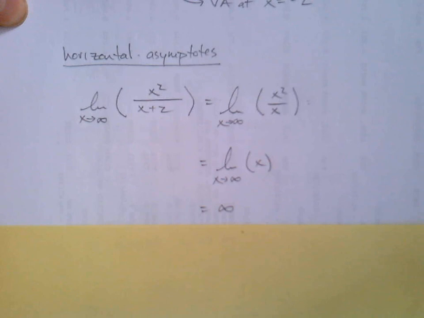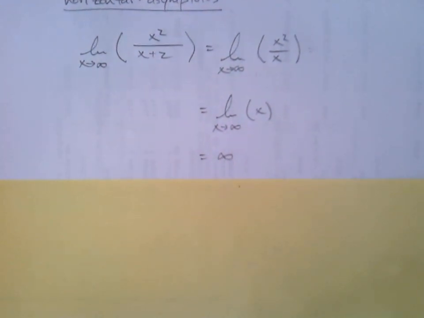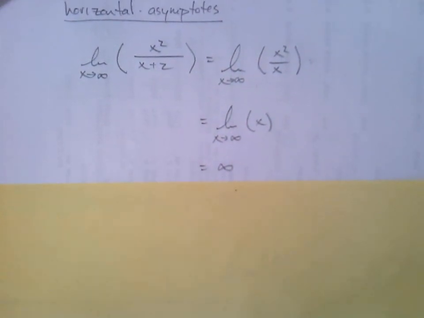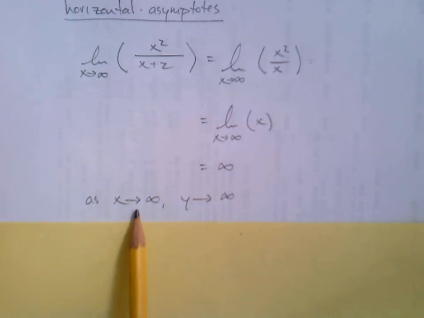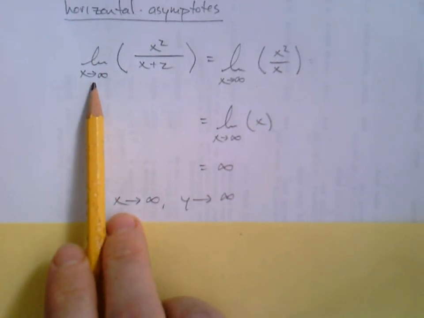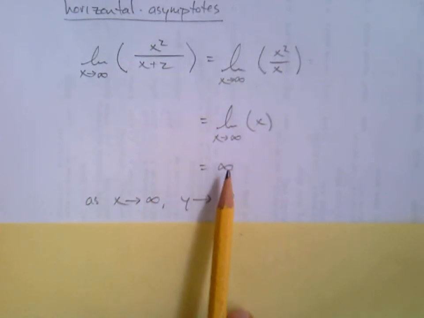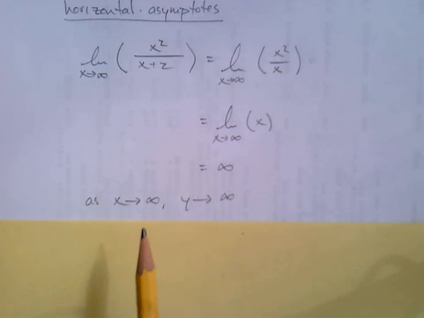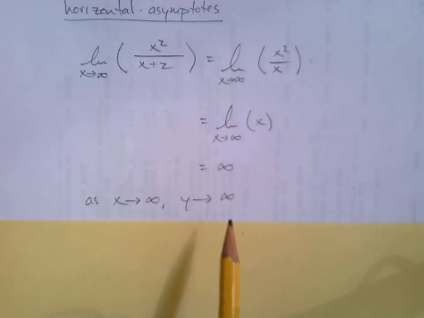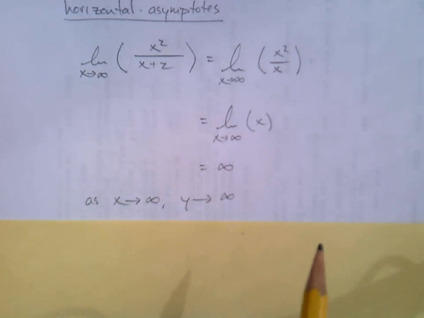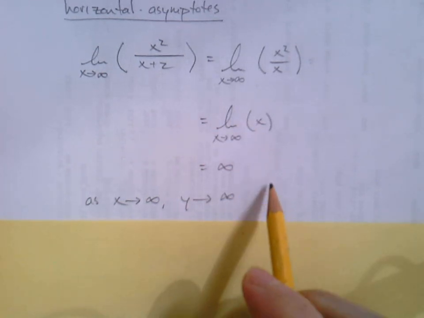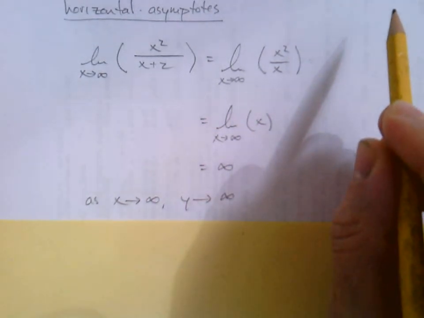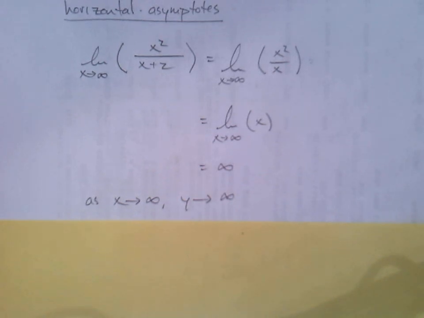How is this helpful graphically? Turns out there's not a horizontal asymptote, but what I can learn is that as x approaches infinity, y approaches this value, which is also infinity. So I guess you could say there's not a horizontal asymptote, but this is good to notice. As x gets bigger, as I go further in the positive direction, the y value gets bigger too. So it's kind of like a sweep up and to the right.